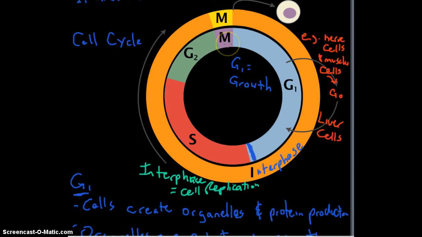And then once you're ready and you've replicated all of your material, we enter a phase called cell division. Cell division here, in our case, this is body cell division, is also called mitosis. And there are subphases within mitosis that we'll go over in a separate video.